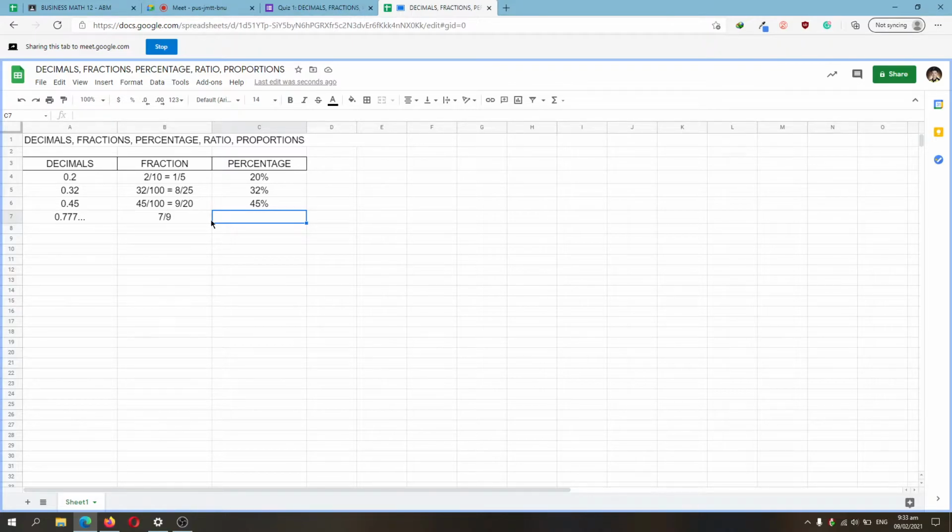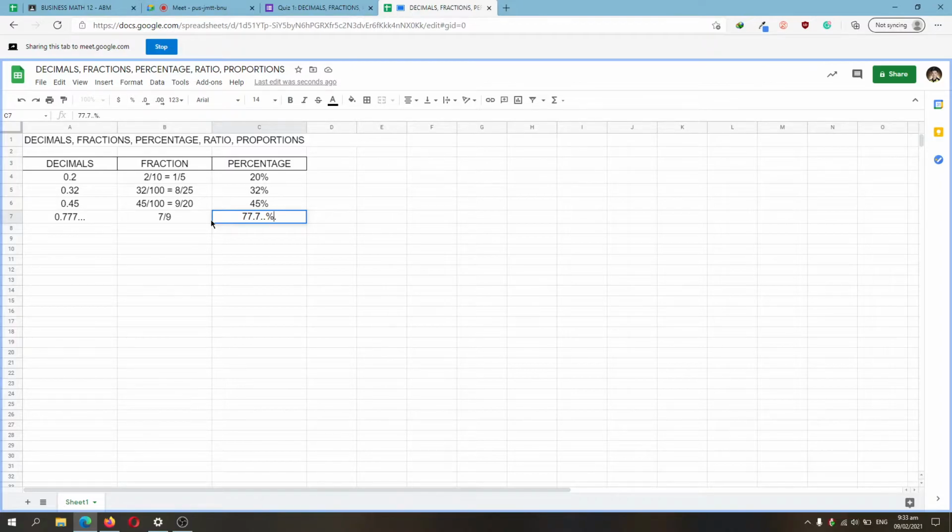So, again, 0.77. Yan. So, meron tayo dito decimal place. So, magiging siyang decimal place na 1, then 2. So, that is 77.7, etc., etc. percent.